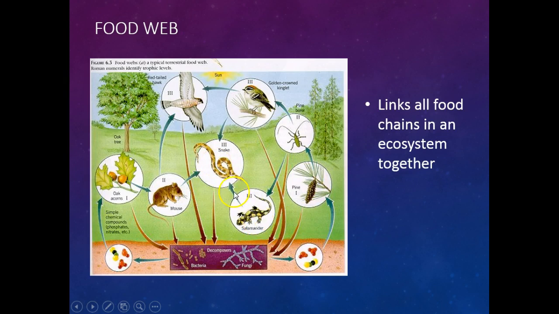We have a salamander that's getting eaten by a snake. We have a bird that's being eaten by a snake. We have a mouse that's eaten by a red-tailed hawk. So these organisms are interlocked within this ecosystem. A food web just shows several food chains that are linked together within that ecosystem.